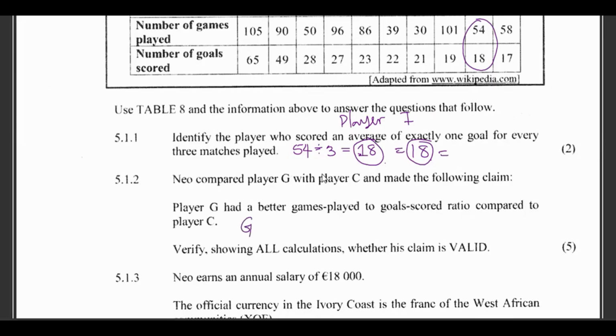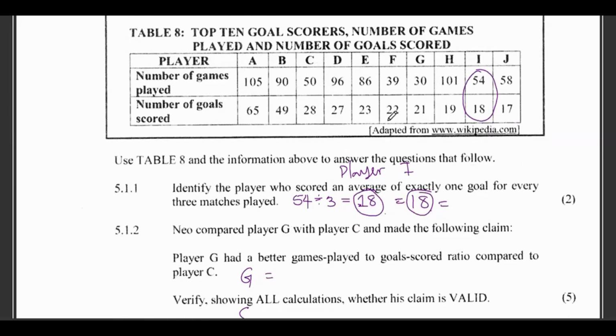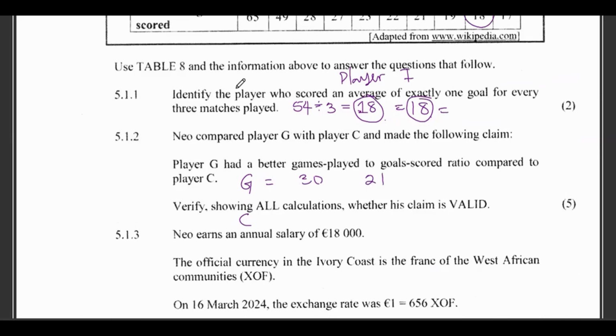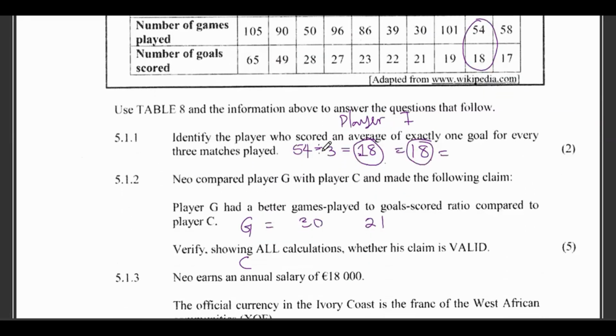We have G, we have C. G, how many games did he play? 30 games, and he scored 21 goals. What about C? C played 50 games and scored 28.